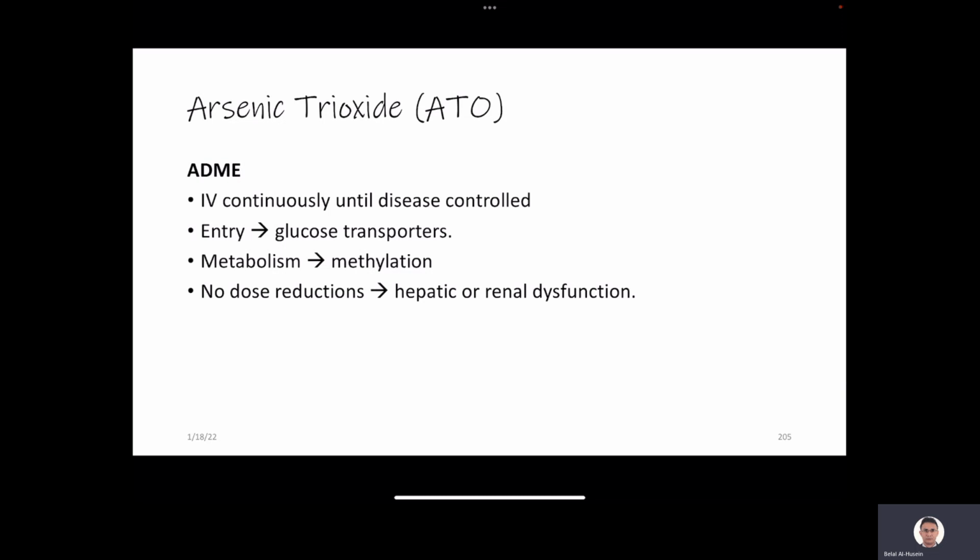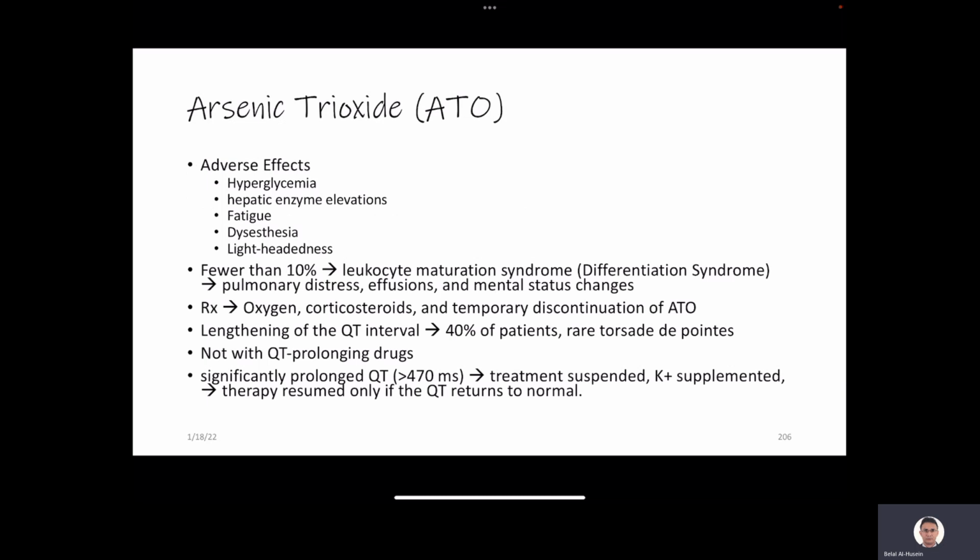It enters into the cells using glucose transporters, is metabolized by methylation, and there is no dose reduction in case of hepatic or renal dysfunction. Adverse effects include hyperglycemia, hepatic enzyme elevations, fatigue, dysesthesia, lightheadedness.